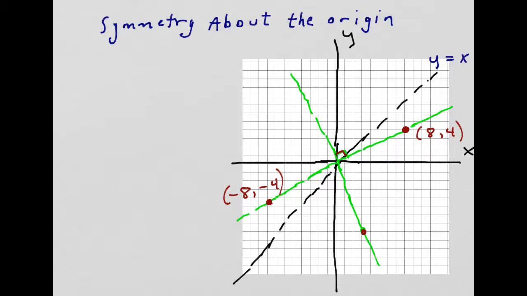An example of a graph that would be symmetric about the origin would be a cubic. So the cubic function is y is equal to x cubed. Let's say this is that piece of it, and 2, 3, 4.